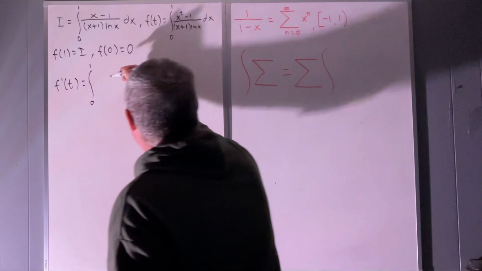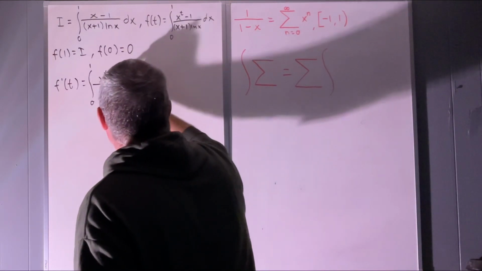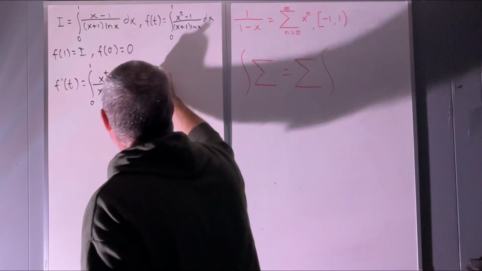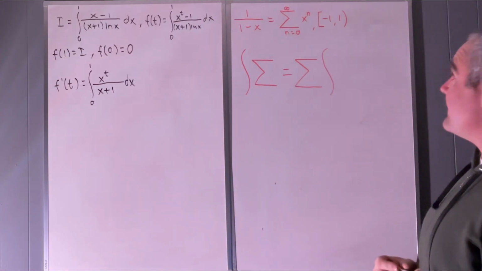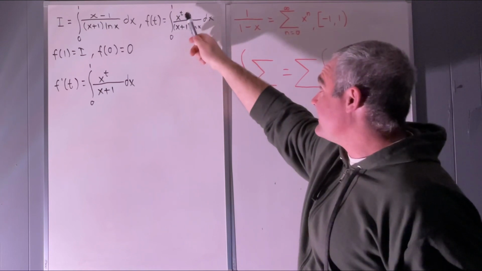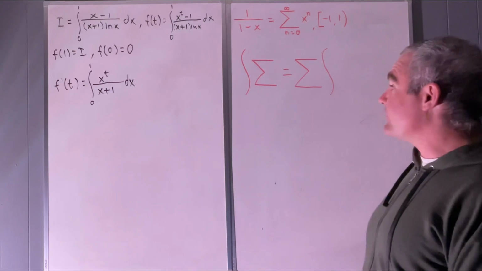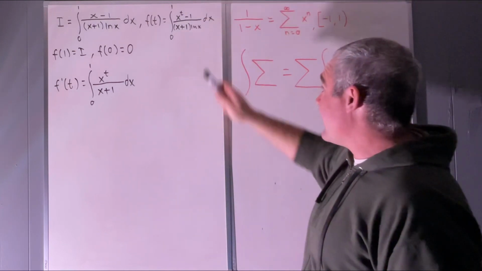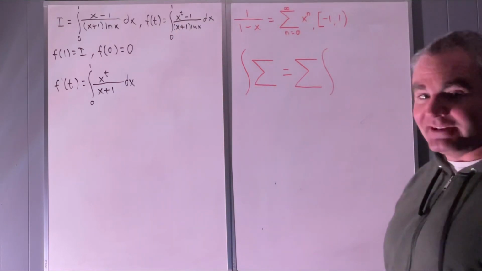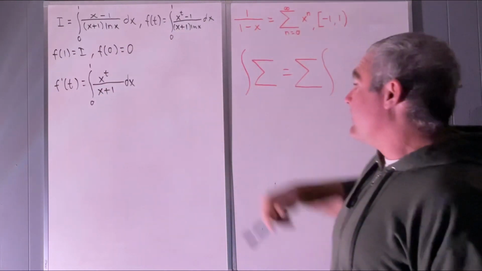And that will evaluate to x to the t over x plus 1. I hope you can see why that would be. Because you'll get back a natural log x when you take the partial with respect to t of x to the t, and it will cancel the natural log x, which is what we wanted. And the 1 drops out because you can split that up, and then 1 over x plus 1 times ln x is simply a constant with respect to t, so that would be 0, leaving you with nothing but this.